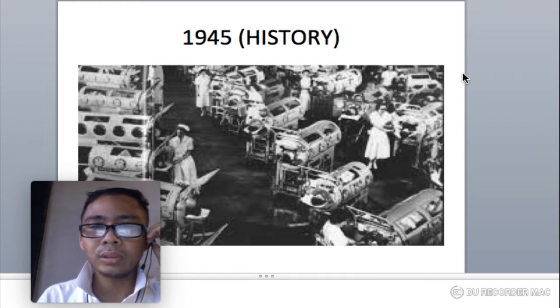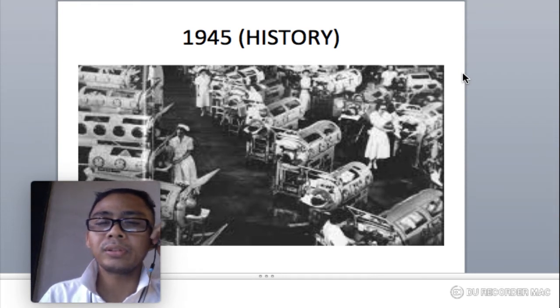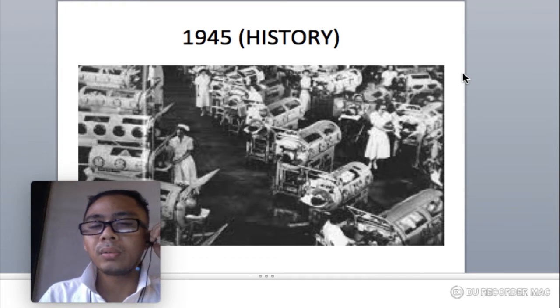So imagine during 1945, what is the significant date of 1945 to recall in the history of the ventilator? 1945 is the date of post-war World War II. So what happened?